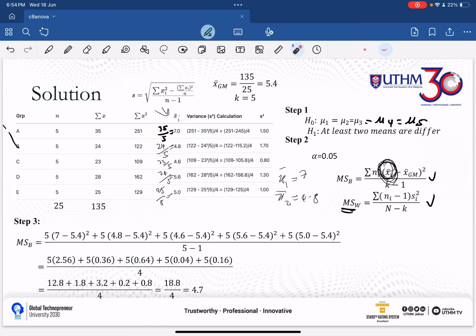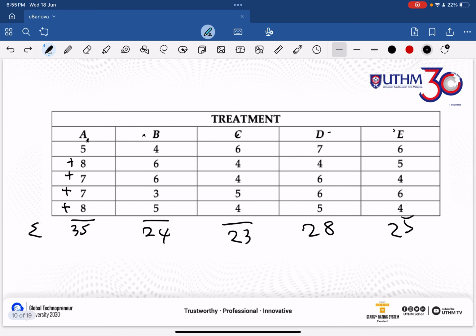251. So it's not 35 squared, but 251 is coming from the square of this part. So let's say I add a square here, x squared.